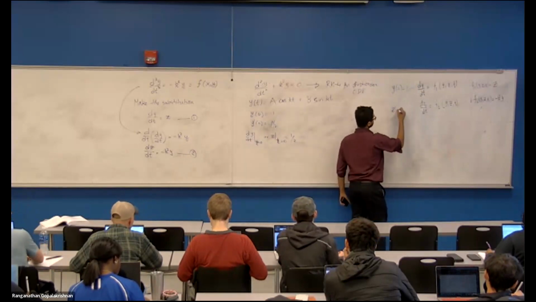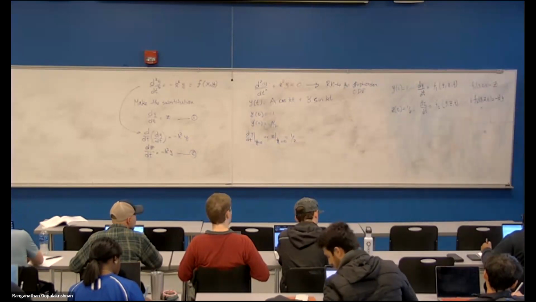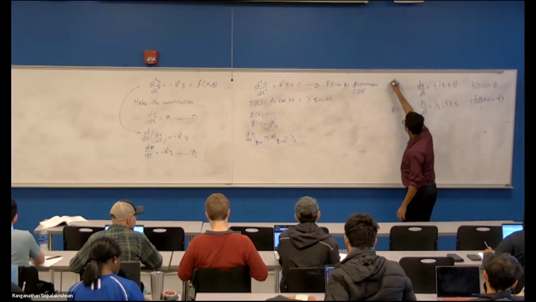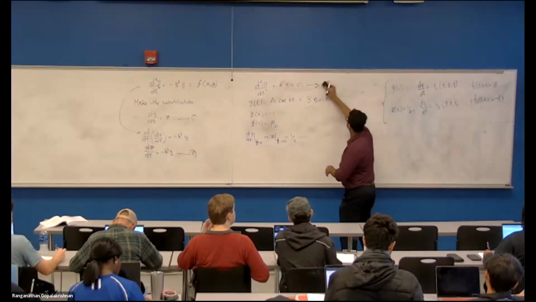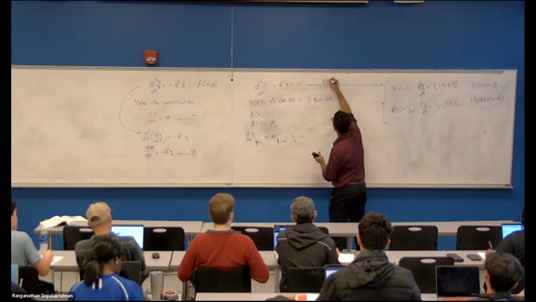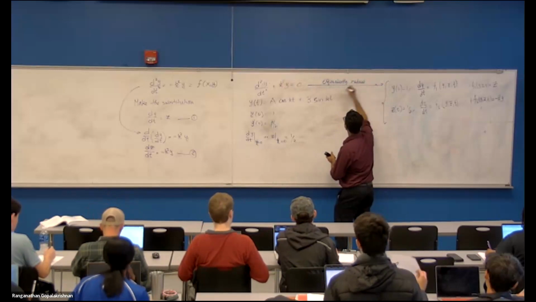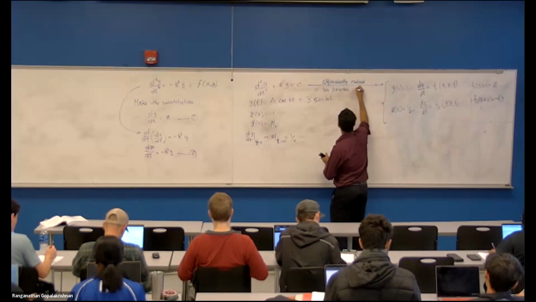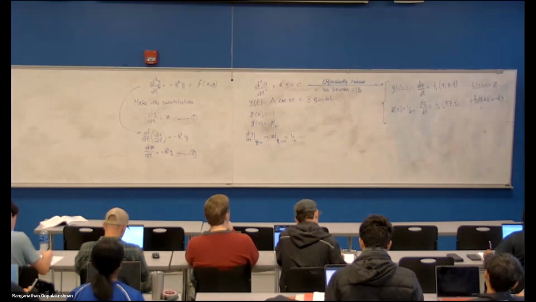So z of 0 is half. So here you have a system of two differential equations equivalently reduced to two first order ODEs. So instead of having one second order ODE, we have two first order ODEs.